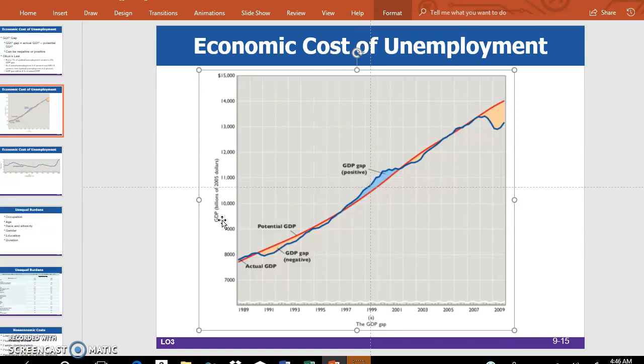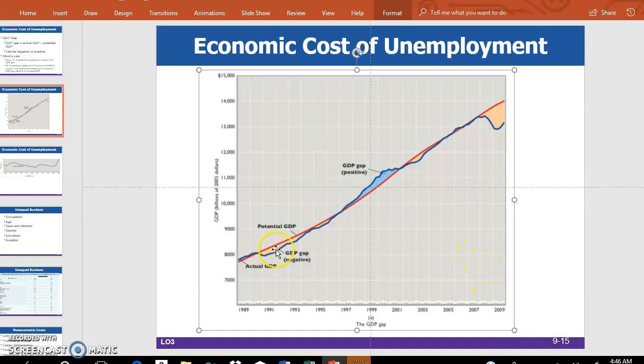See, and look at that. Whenever the potential GDP, that red line, is higher than the blue line, say 1991, 1992, in this area we have a negative GDP gap. On the other hand, whenever the blue line is above the red line, we have a positive GDP gap, right?